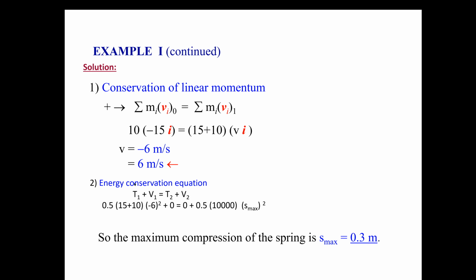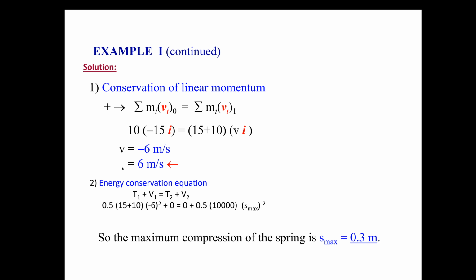So you say initial kinetic energy plus initial potential energy is equal to final kinetic energy plus final potential energy, right? So what's going to happen? They strike, and all that kinetic energy gets converted over to potential energy to compress the spring.